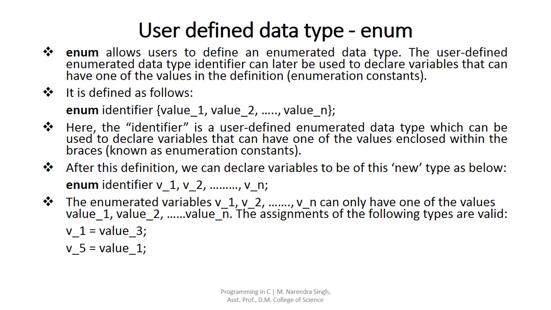After this definition, we can declare variables to be of this new type as below: enum identifier v1, v2, and so on, vn; The enumerated variables v1, v2, and so on, vn, can only have one of the values value 1, value 2, and so on, value n. The assignments of the following types are valid. We can assign any of the values value 1 to value n to one of the variables v1 to vn.